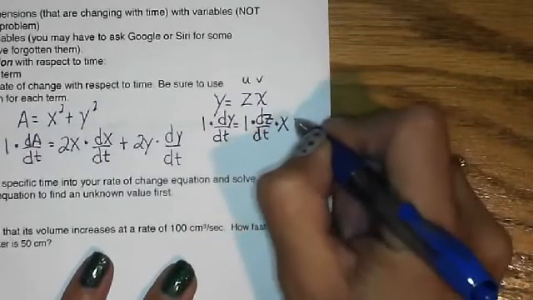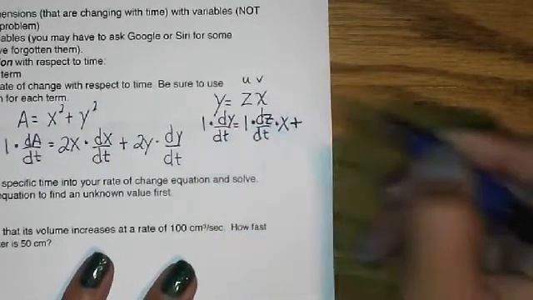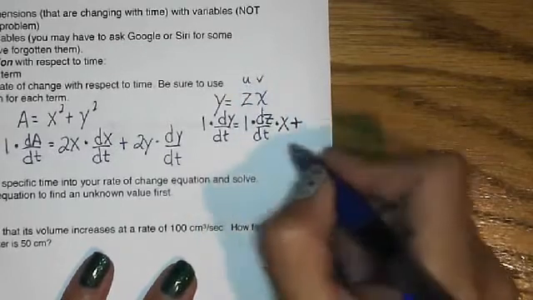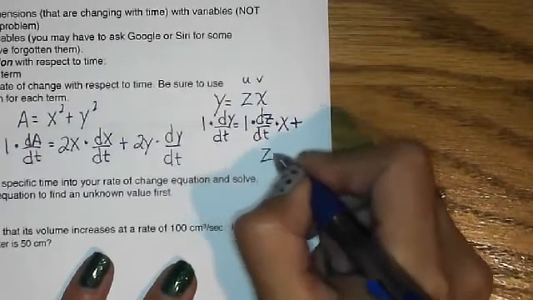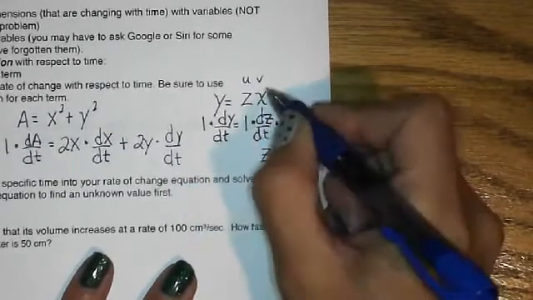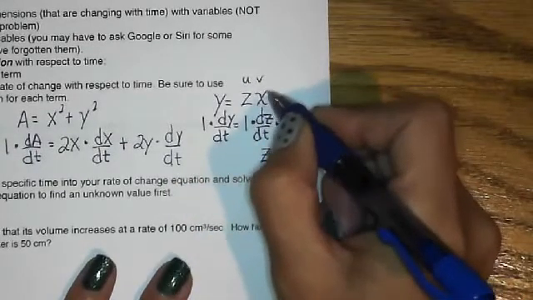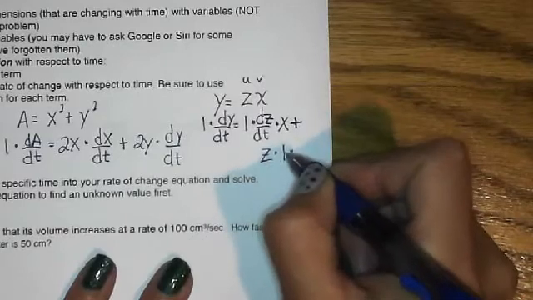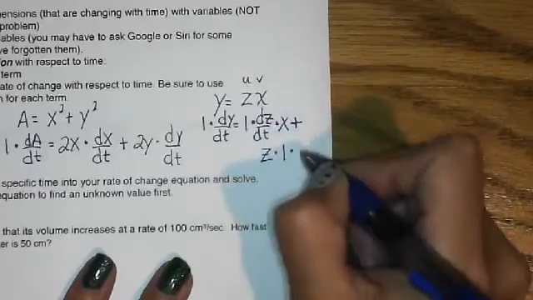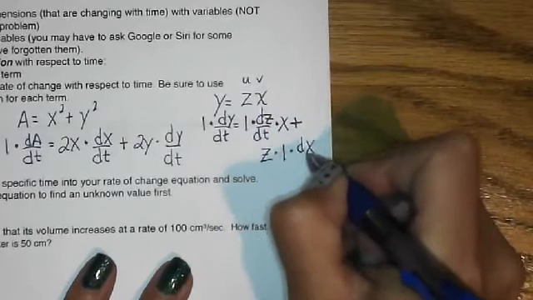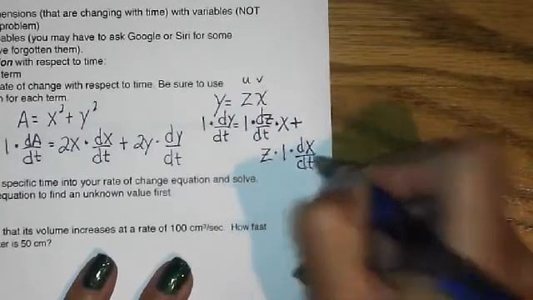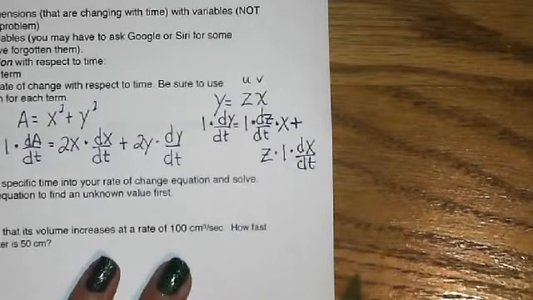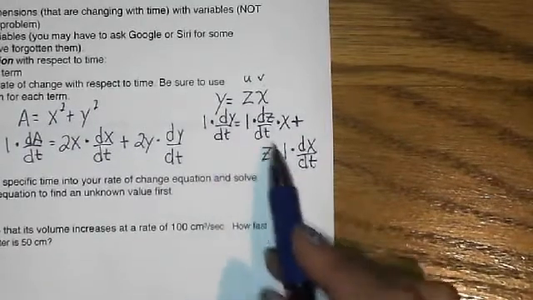I didn't do the derivative of x, I just took it, so moving on, plus, now the second part of the product rule says keep the u, so that's a z, times by the derivative of the second term, the derivative of x is 1, and then I got to do that rate of change with respect to time, which is dx dt. And it looks ugly, but they're okay.